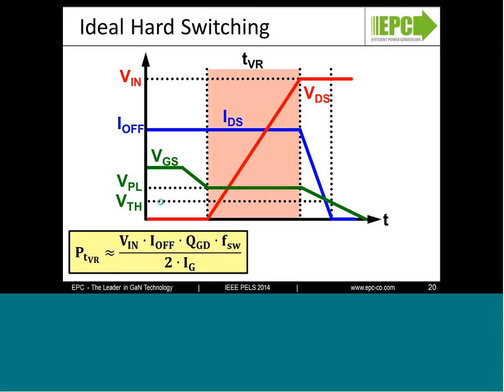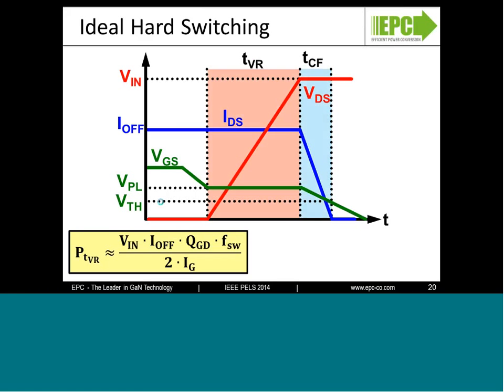The amount of time it takes to transition that voltage is determined by a variety of parameters, your input voltage, and the device parameter that really impacts the loss here is your QGD parameter, or your gate to drain or Miller charge. After you reach your input voltage, then you can transition your current to completely turn off the device.